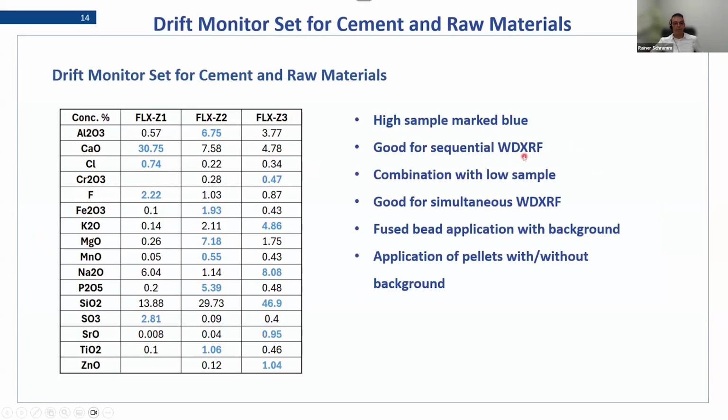And in this way, you see the blue figures is then always the high sample, and they are very good for sequential WD XRF. You could combine them also for simultaneous instruments to have a low and a high sample, and also good for fuse bead application with background, and also for press pellet applications. So this is, for these kind of elements, quite a good selection.